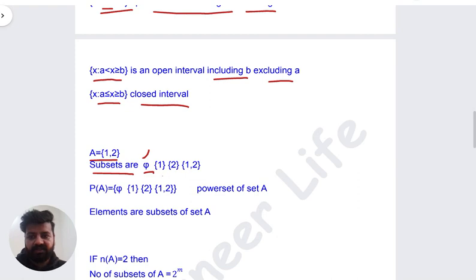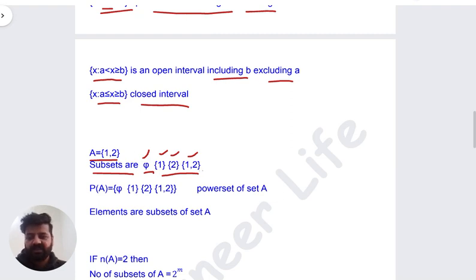Now there are 3 more subsets of A also. One subset contains element 1, the second contains element 2, and the third subset contains elements 1 and 2.